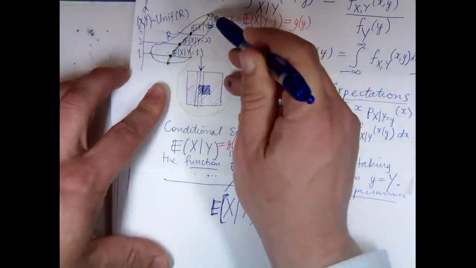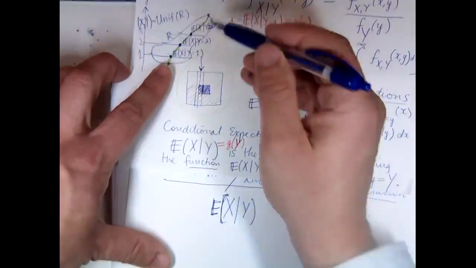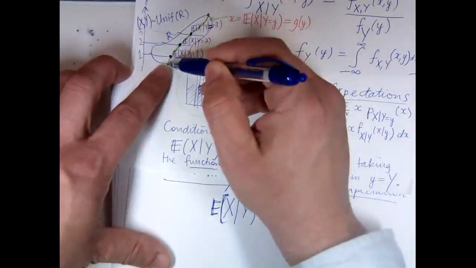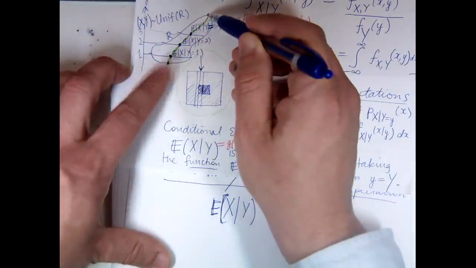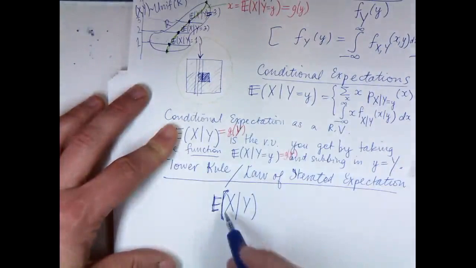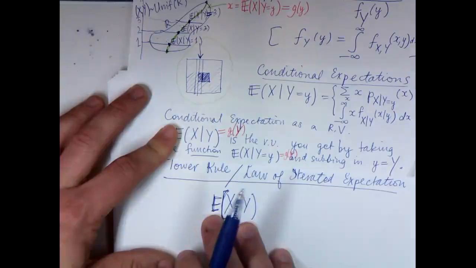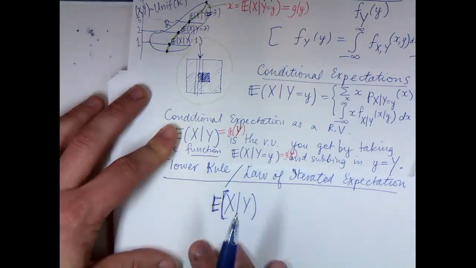All the extra variability that is due to x, absent y, has been removed. So all you have is the variability due to where y is itself. So if y is down here, the conditional expectation is here. And so this is less variable. If I were to take the variance of this random variable, it would be lower than the variance of x. We'll even get a more precise statement about that later.